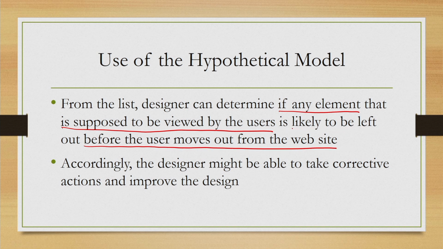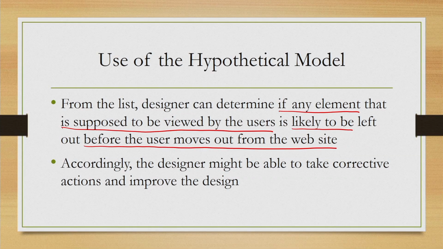So, as I said, suppose there are 20 elements in the list, out of which the bottom 5 are likely to be left out. Now, in those bottom 5, there may be some element that the designer actually wanted the user to see, but because of the design of the element, it came to the bottom of the list instead of remaining on the top.